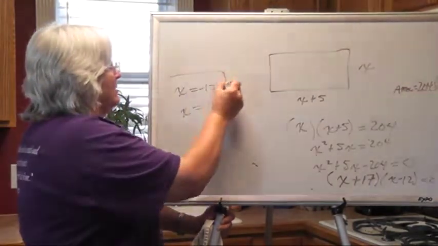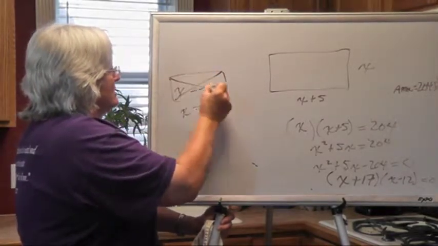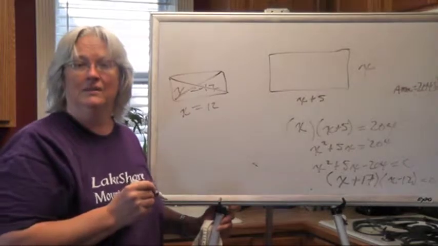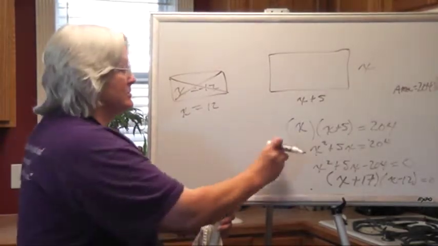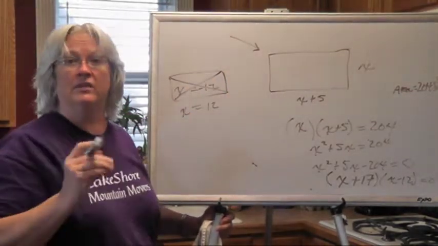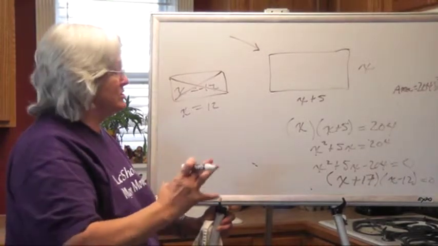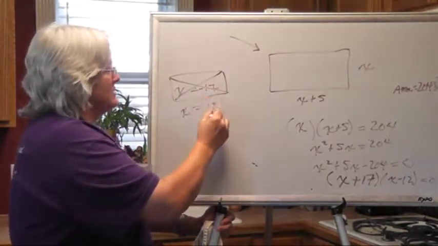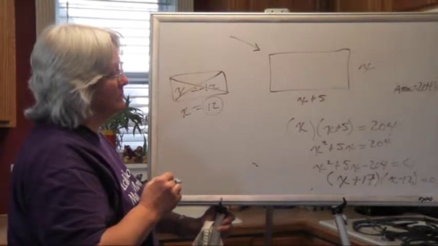I have never seen the dimensions of a room be a negative number of feet. Negative 17 cannot be the solution to this problem because it's a real-life problem dealing with the area of a room. So 12 is the only number that can possibly be what we're looking for.